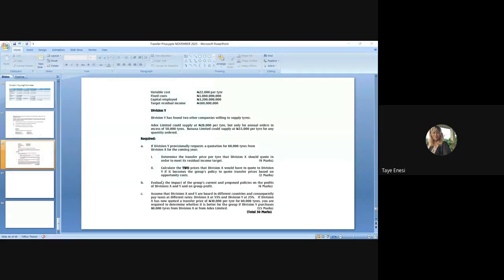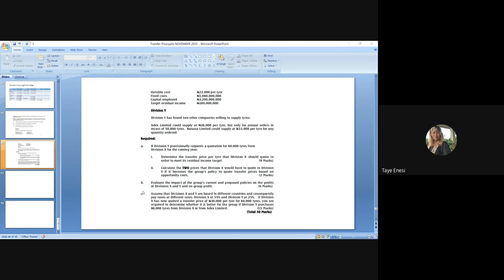Calculate the two prices that Division X would have to quote to Division Y if it becomes the group's policy to quote transfer prices based on opportunity cost.